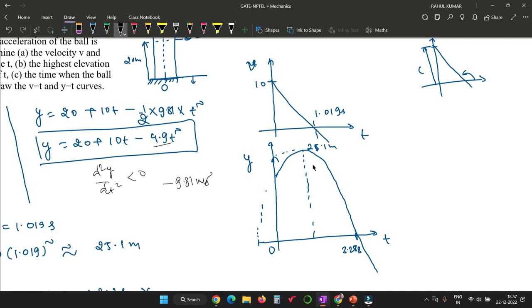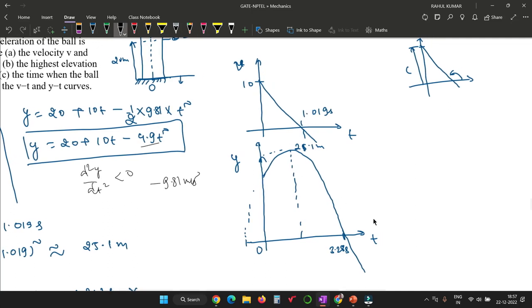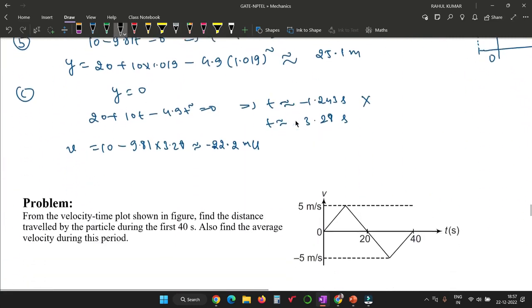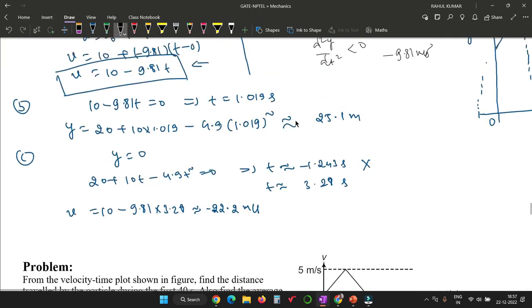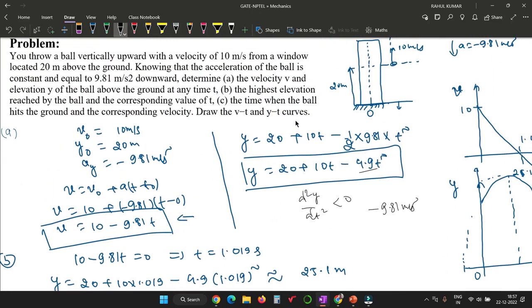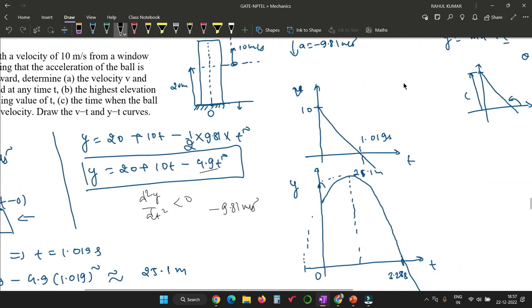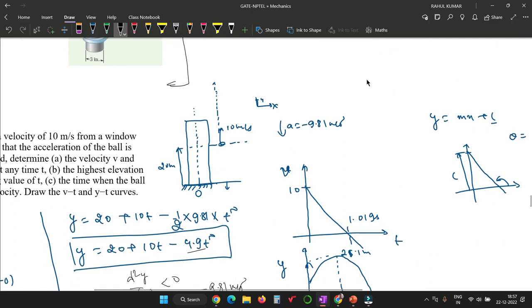In every case where the acceleration is negative, you will get the same result. If somebody throws a ball downward, still the acceleration will be negative, because when you are throwing a ball in vertical direction, the acceleration will always be in the negative direction.